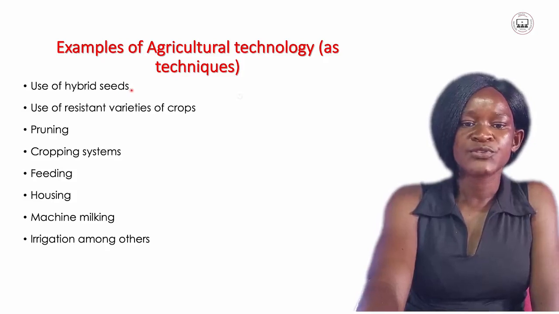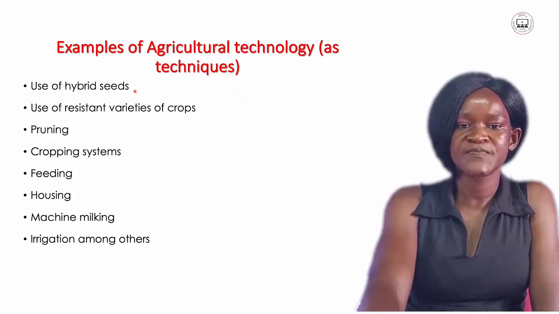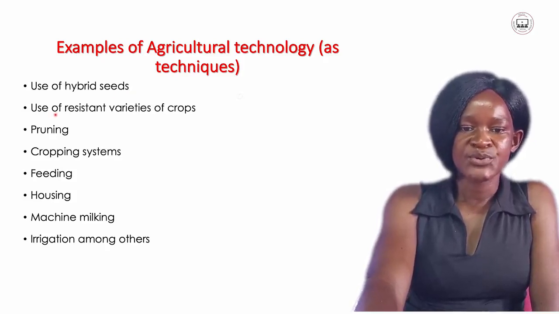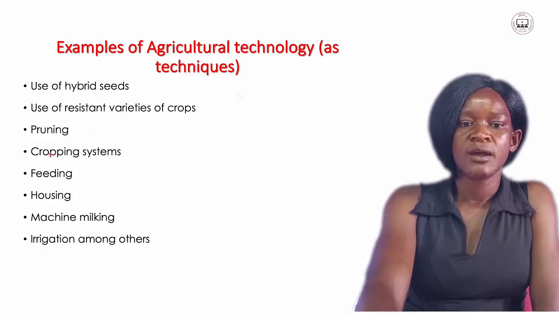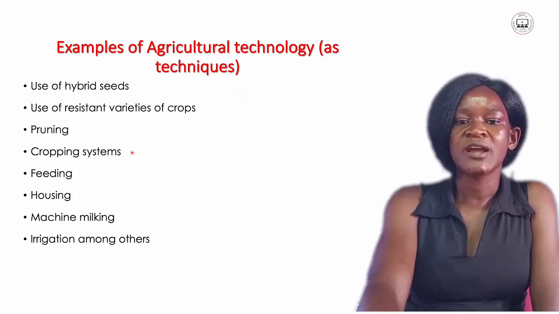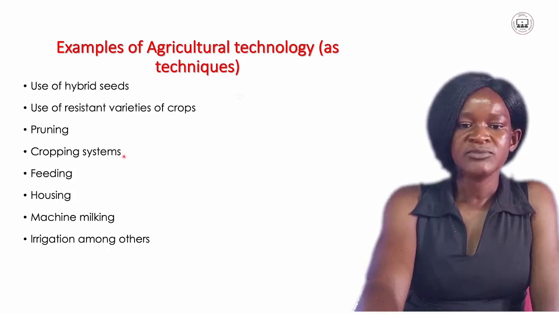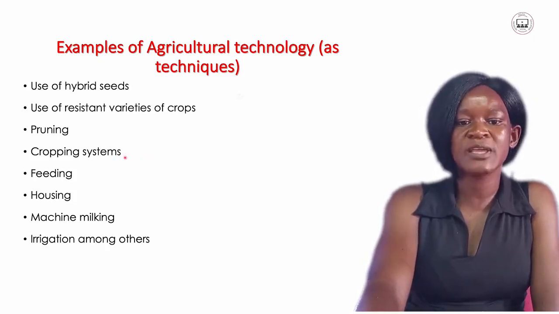Number 1, use of hybrid seeds, use of resistant varieties of crops, pruning, cropping systems. On cropping systems, we have crop rotation, we talk of organic farming, agroforestry, mixed cropping, mixed farming.